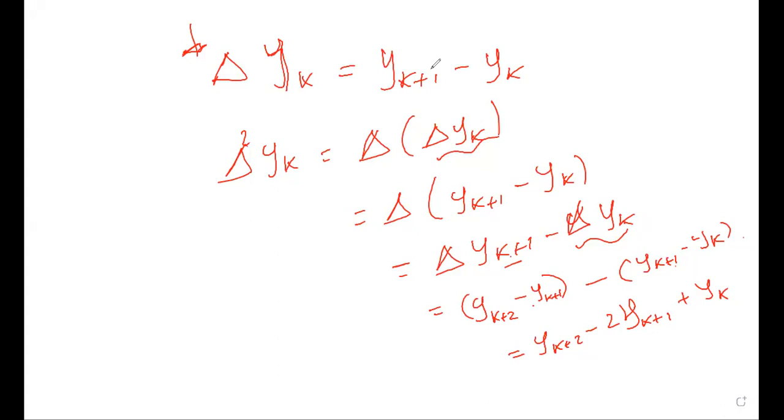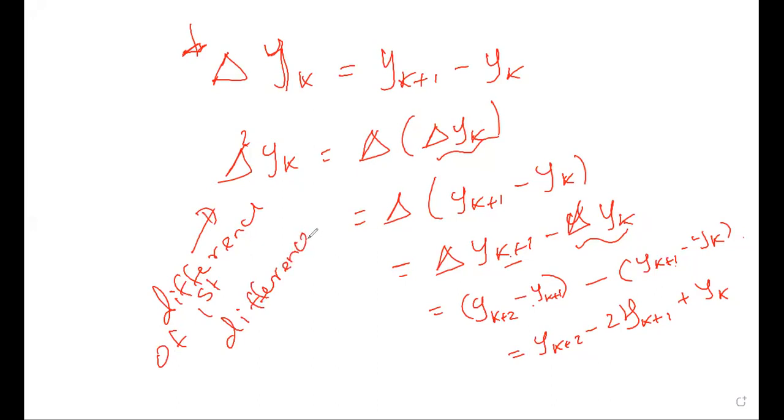So as you know, the second difference is the difference of the first difference. Okay, first difference. So be careful with your wording. That is differential. Differential is not what we are talking about.